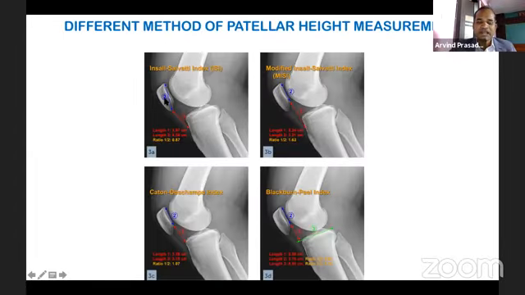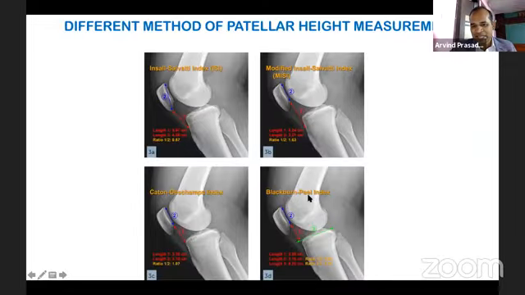Patellar height measurement has been given by many, like the Insall-Salvati index first, which was then modified because the lower pole of the patella was not taken into significance. Then the Caton-Deschamps index was there, using the articular surface of the patella, and the ratio of the distance from the anterior tip margin of the tibia to the lower pole of the patella was measured.